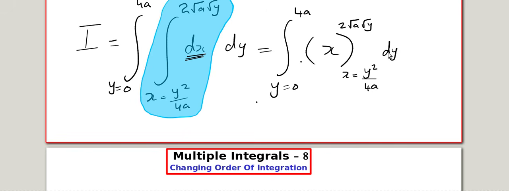Sometimes, not everywhere, not even in this problem, sometimes when we change the order, the evaluation of integral becomes very easy. So tomorrow when you are busy integrating in some application problems, maybe changing the order will help you.